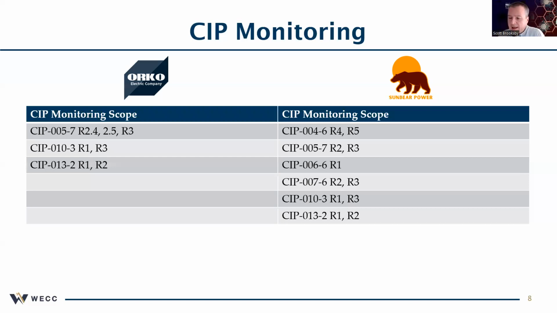And then when you put the two side by side, you can still see there are some similarities. So from our perspective, although these entities could maybe compare notes and say, well, I've got CIP-5, and another one's going, well, I've got CIP-5 too. Well, yes, you both have it in scope, but the concern driving that reason is different.